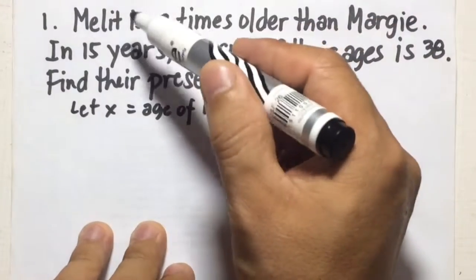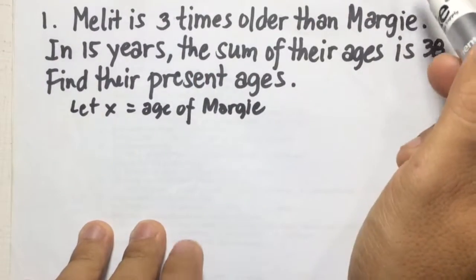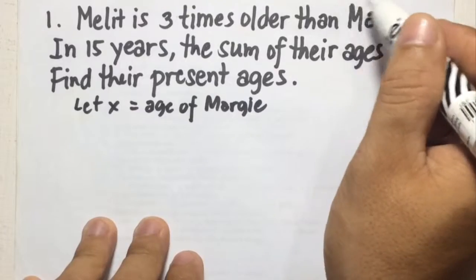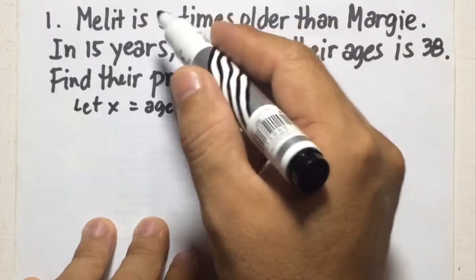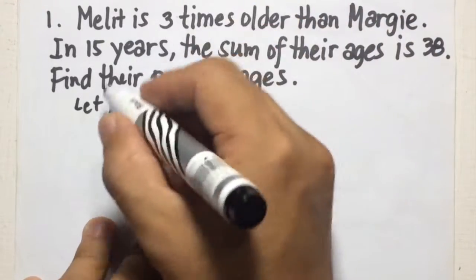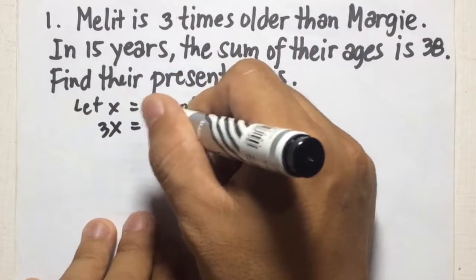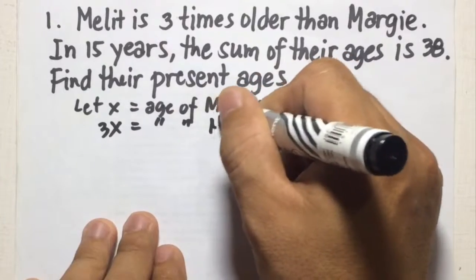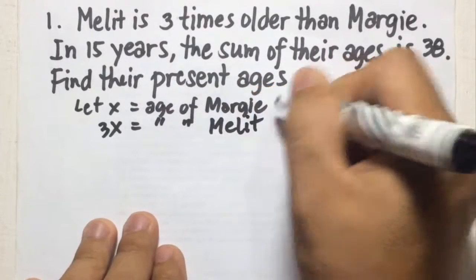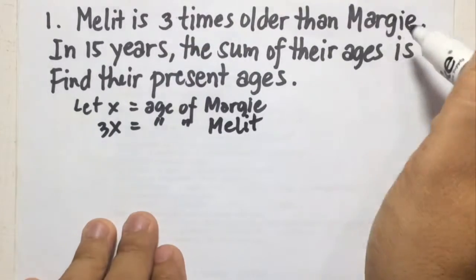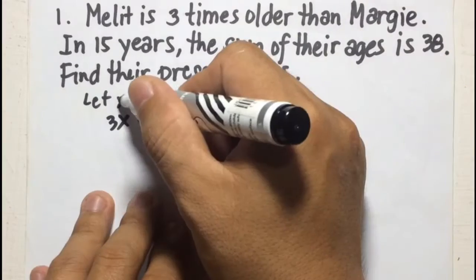Now, since Millet is 3 times older than Margie, if Margie's age is X, then the age of Millet will be 3X. So we can let 3X equal the age of Millet. Then, in 15 years, the sum of their ages is 38.